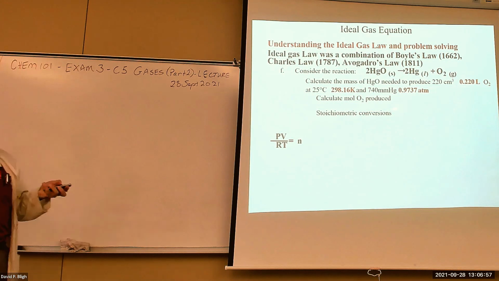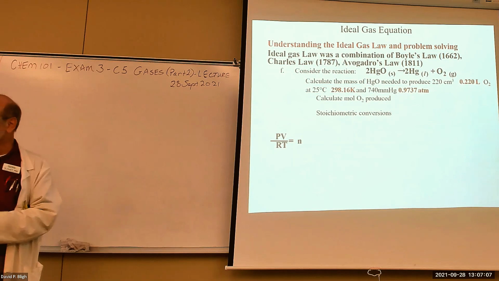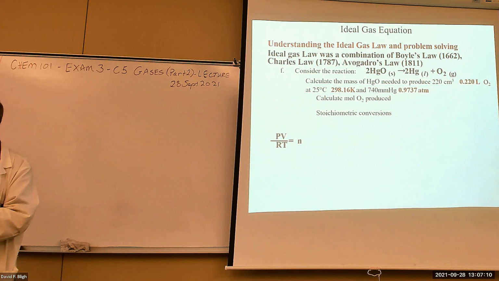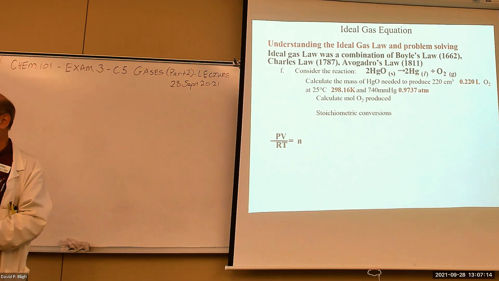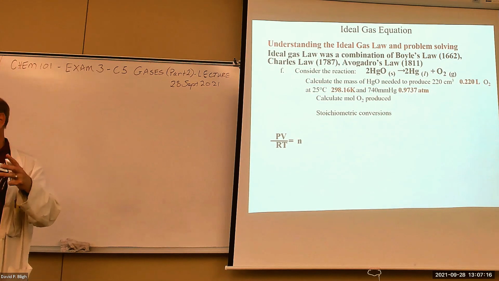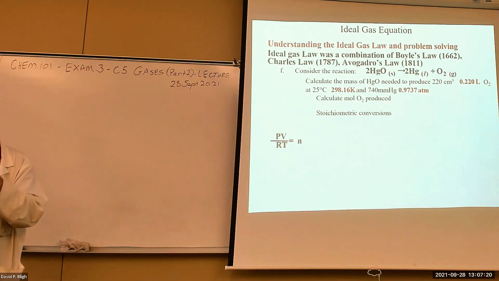Now, how do we minimize that error? Well, let's see. We have 220 milliliters, so that's not very big. If I wanted to really minimize the error, I would take those same conditions and I would giant size my container. So on a percentage basis, the volume of the solids means very little.